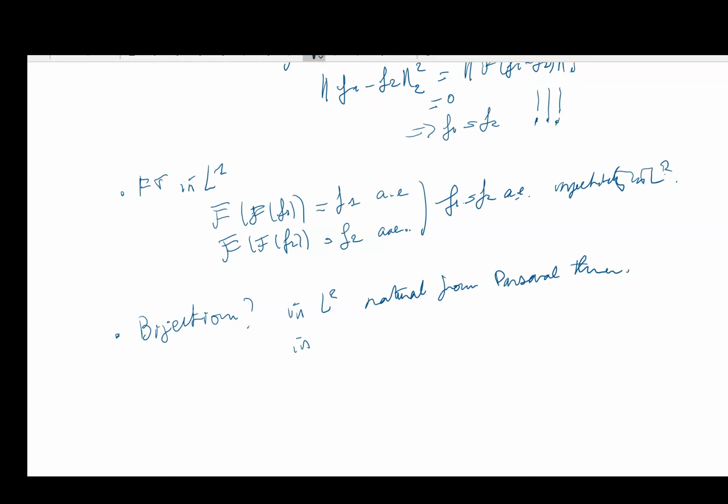Okay, but in L1, the problem is that we have some counterexample, for example, pi of x, our gate function, which is obviously in L1. Okay, so that's my rectangular function. And we saw that the Fourier transform of that was the sinc function, sin(πξ) divided by πξ.